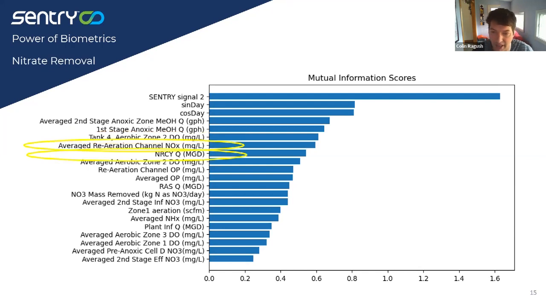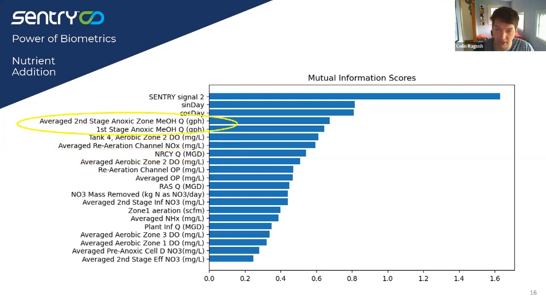The second one is nitrate. So in this plant, this is a measure of effluent nitrate, which has quite strong mutual information with the sensor. And even the return flow, which is returning the nitrate to the process, has strong information. So that suggests we should have some ability to help optimize nitrate processes.